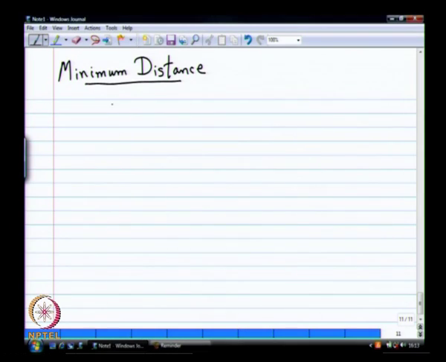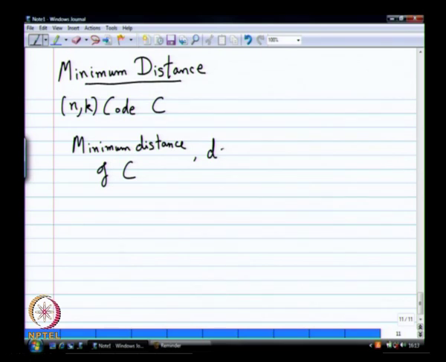Suppose I have a code C. Let us say we take an nk code C. It does not matter, this n and k are not so important for the definition. The minimum distance is usually denoted d. I will also introduce the notion of a Hamming distance soon, as in this definition it will come.